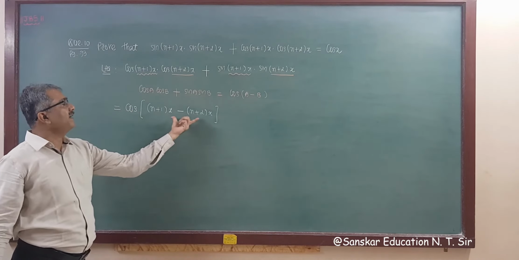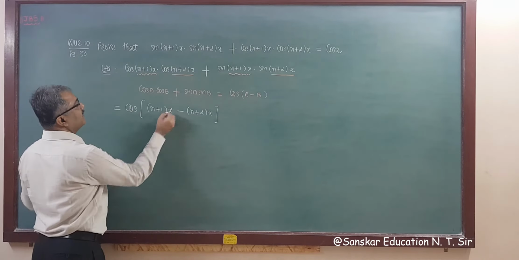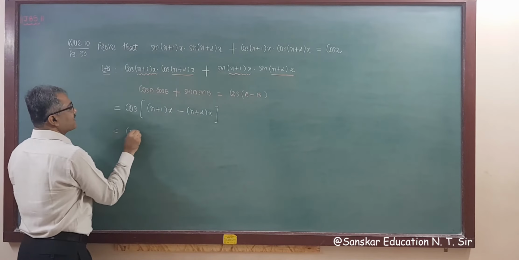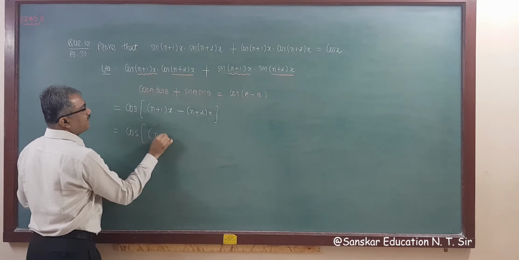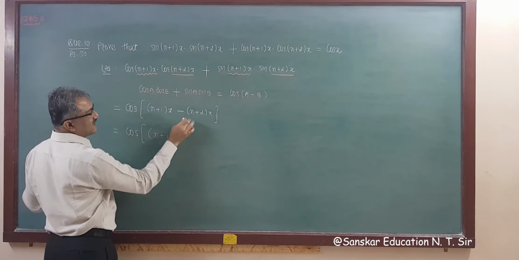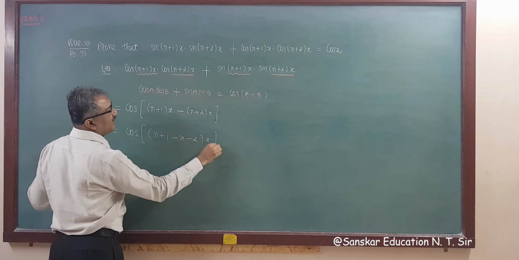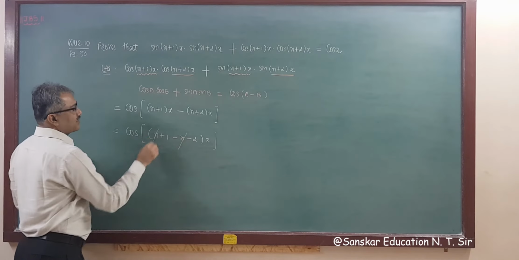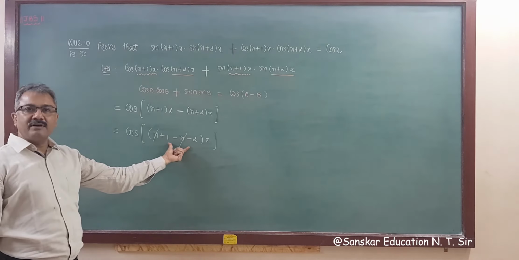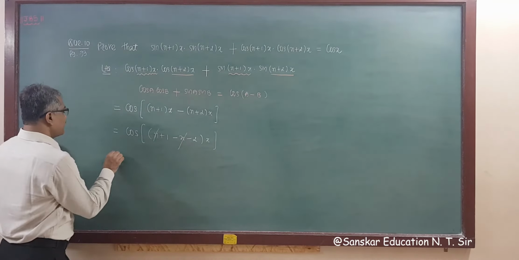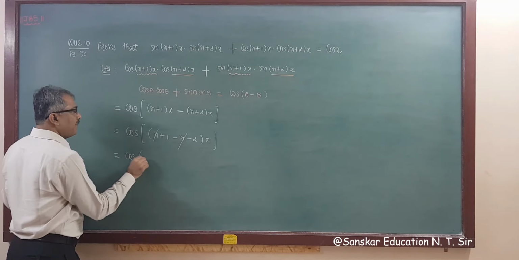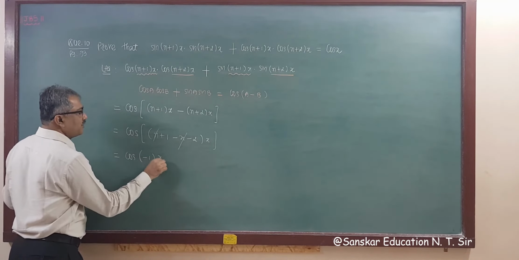So simplifying, taking x common from here, this is cos of (n plus 1 minus n minus 2), and x is common. So this will cancel. 1 minus 2 is minus 1. So this is cos(minus 1 into x).